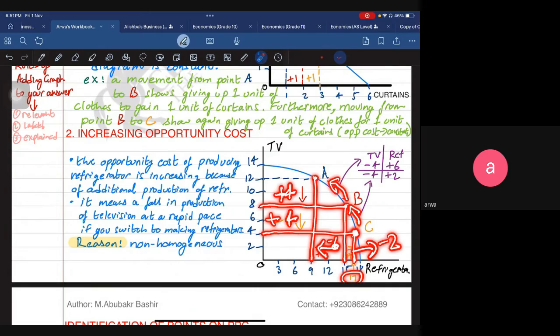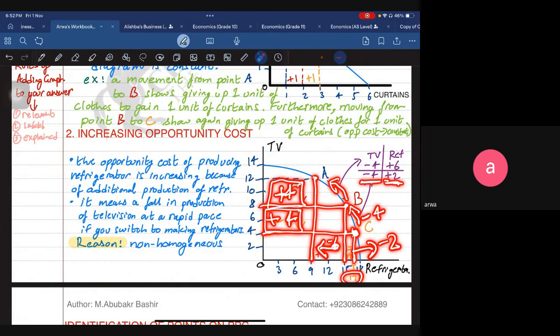Exactly. But you have given up from this point to this point -4, but at least you gain the same 4 here, right? But here you were giving up -4 to gain a lower quantity of refrigerators.